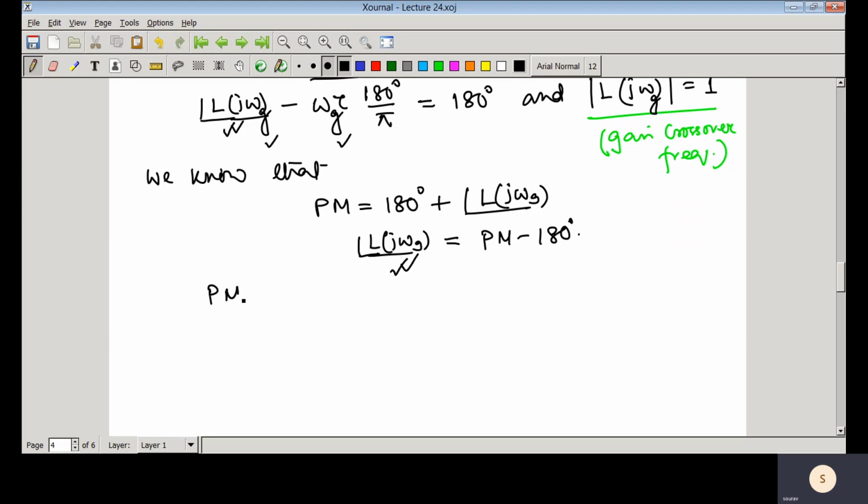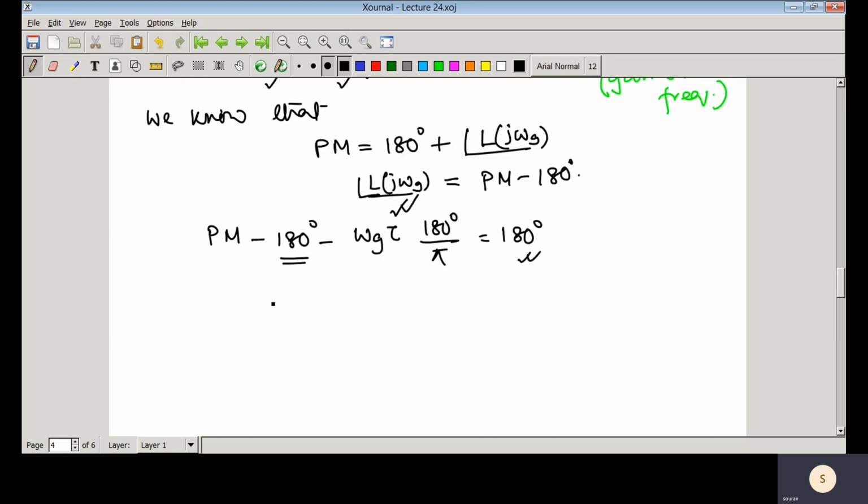If we replace it, we will get phase margin minus 180 degree, minus this term that is omega g tau times 180 degree by pi, equal to minus 180 degree. Now if you bring this minus 180 degree to the right, then 180 minus 180 would be nothing but 0.